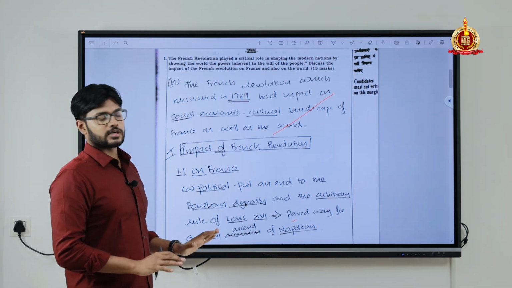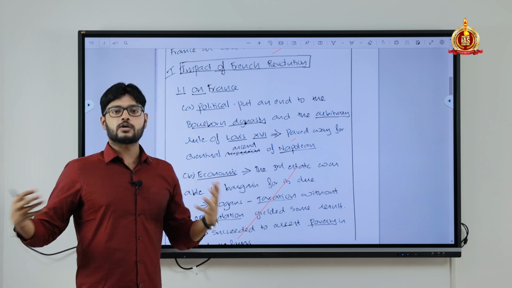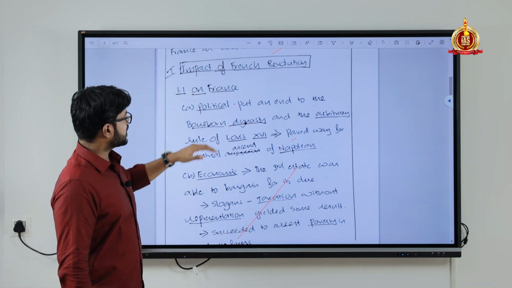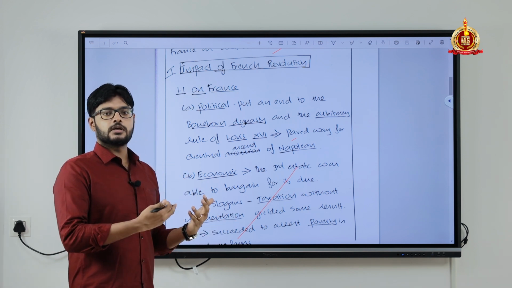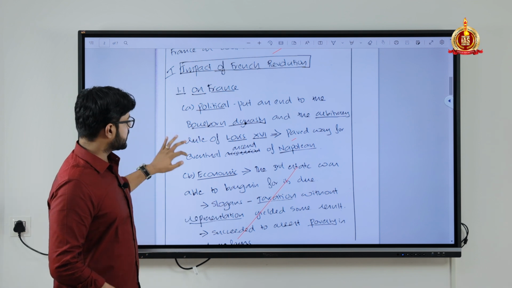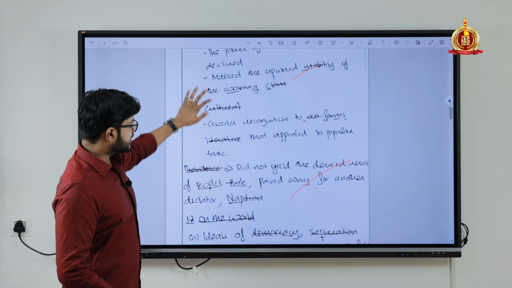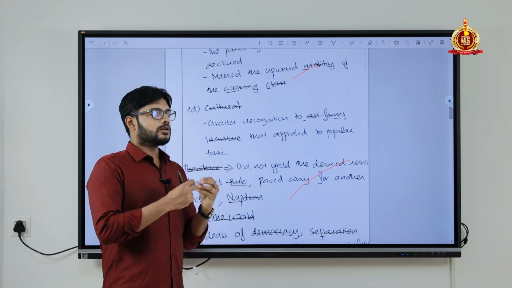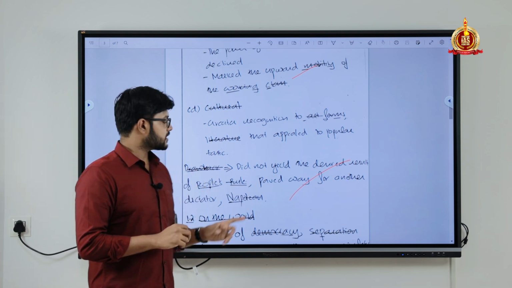What a crisp introduction, straight to impact, because he knows impact is what is asked. So impact of French Revolution on France is a multidimensional analysis: political, economic, social, cultural. Then he made sure that he also speaks about what objectives of French Revolution were not attained with regards to France.